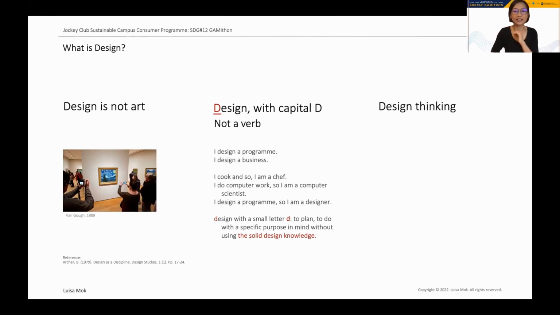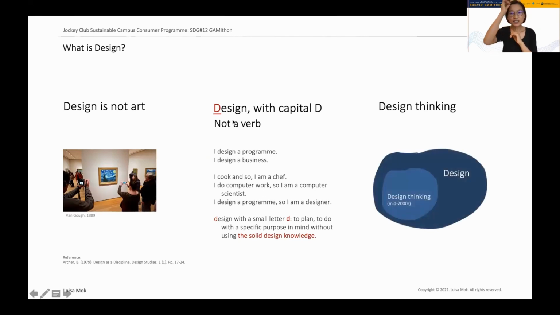And then how about design thinking? Actually design thinking is part of design. Design should consist of the full spectrum of the knowledge, including the theories, the principles, and also some design methods. And design thinking is part of it. Design as a discipline has existed for a long, long time. And it was around the mid-2000s that someone thought that designers can think in a different way, in a creative way.